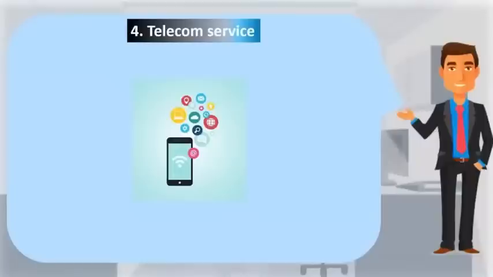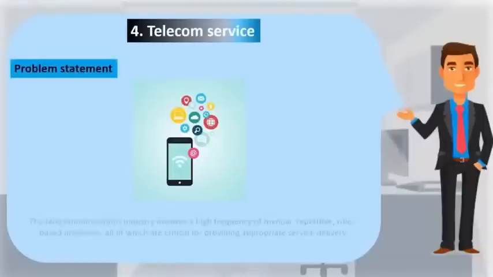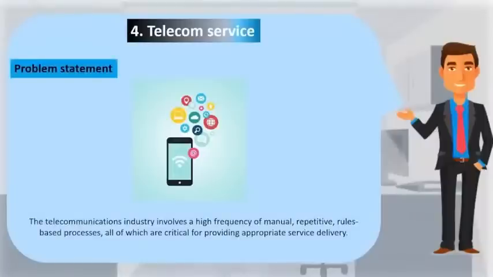The fourth example is telecom service. The telecommunications industry involves a high frequency of manual, repetitive, rules-based processes, all of which are critical for providing appropriate service delivery. Thus, the foundation of telecommunications is made up of processes that are highly amenable to automation.